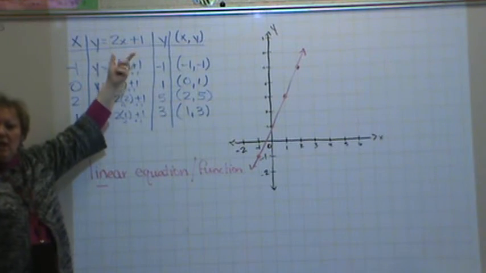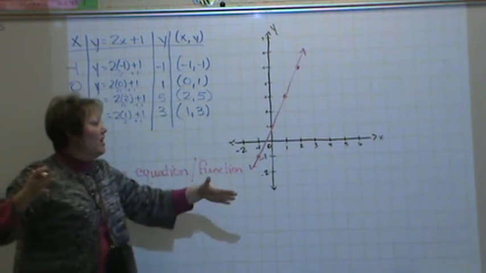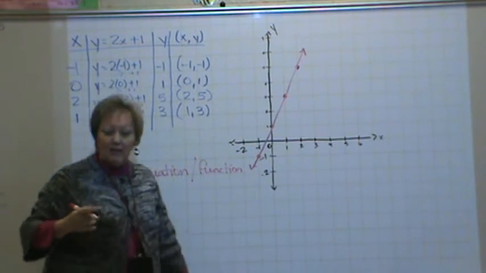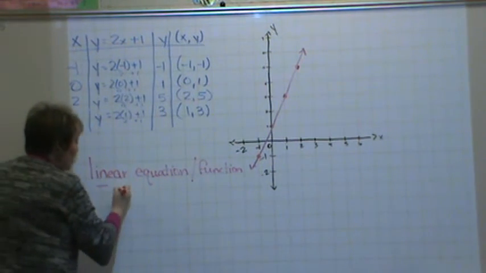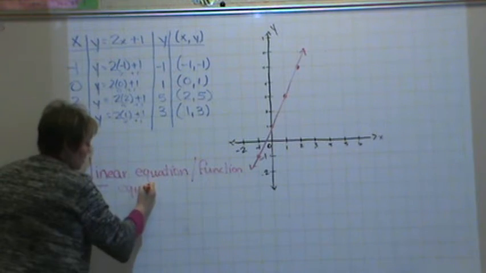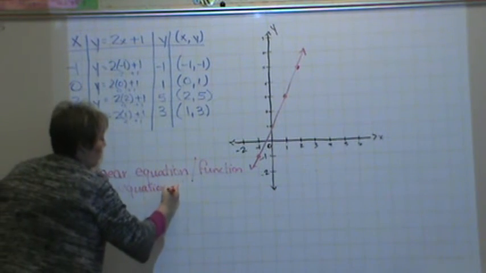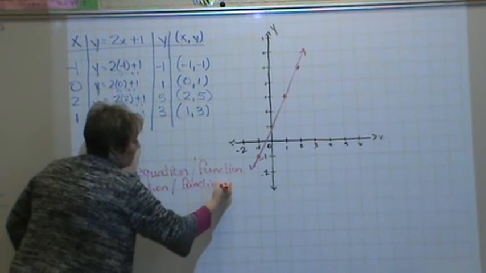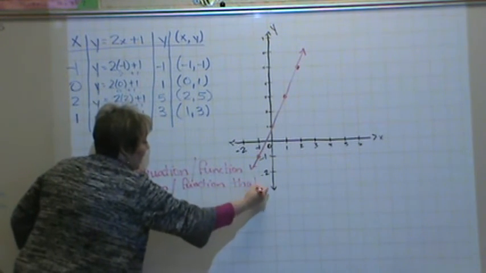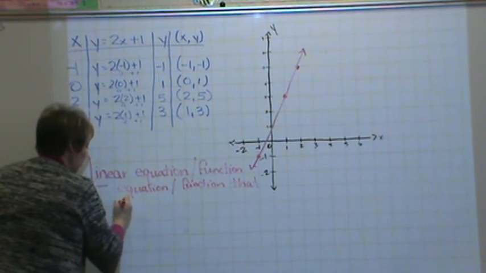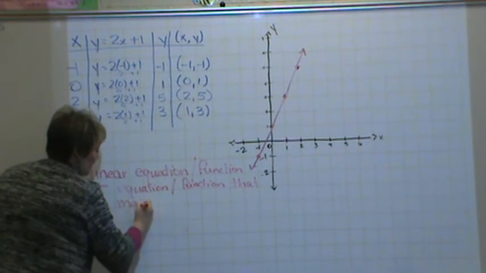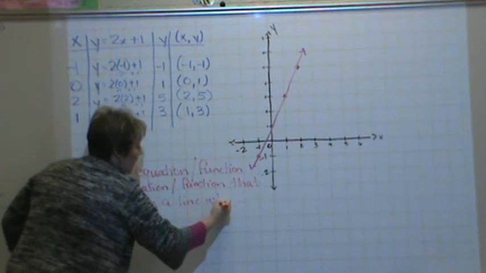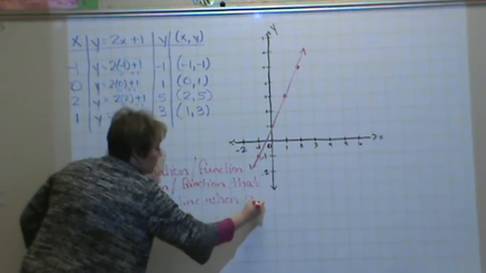The equation. So it is an equation that makes a graph. It is a graph or an equation or function that makes a line when graphed.